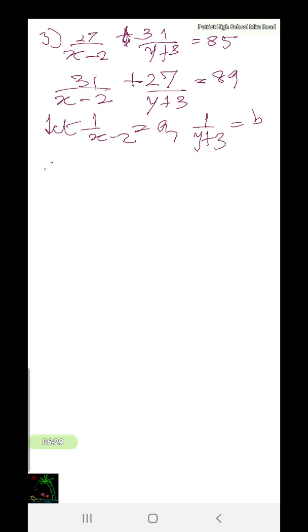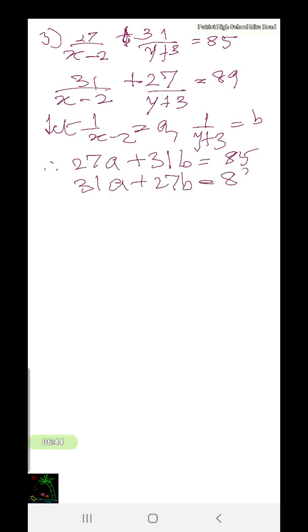Therefore we have 27a plus 31b is equal to 85, and 31a plus 27b is equal to 89. So this is equation 1, equation 2.